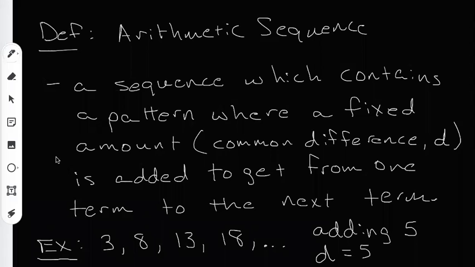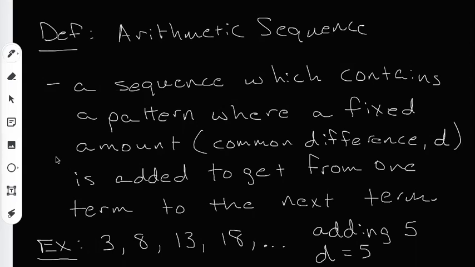I'll leave that up there for a little bit, and then we'll move on to geometric. And we'll look at why geometric is so different from arithmetic. But these sequences are called arithmetic because you're adding something to get to every single term.